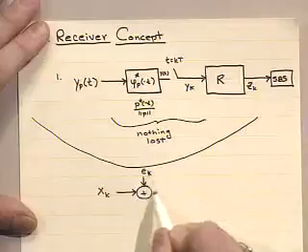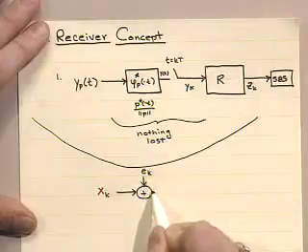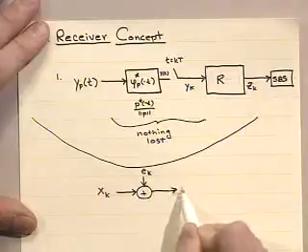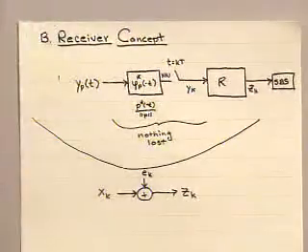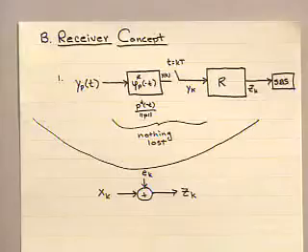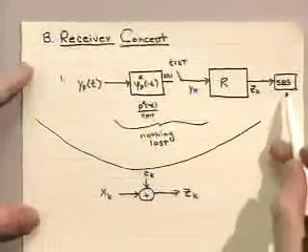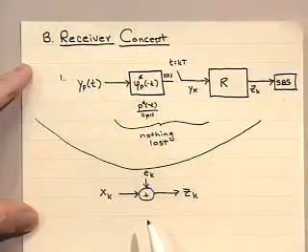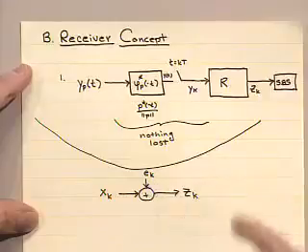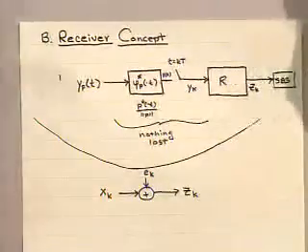So E sub k is both noise and residual intersymbol interference. And all that system together produces this output Z sub k, which then is going to go into a symbol-by-symbol detector. And I'm going to pretend that this additive distortion is essentially the old additive Gaussian noise channel again.